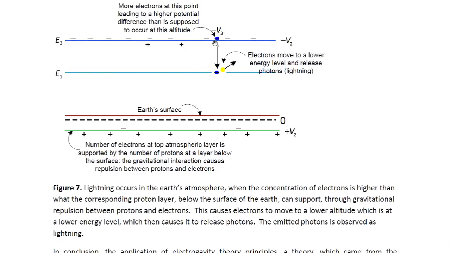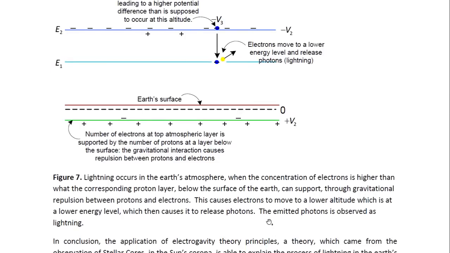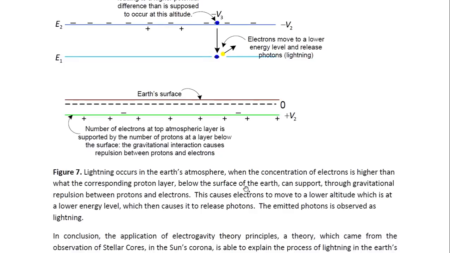So the concentration, say here, is too high, too many electrons there, so that causes electrons to move down to a lower energy level, which then causes these electrons to release photon energy or photons, and thus emit light. The emitted photons are observed as lightning. So this is why we then see lightning being emitted from perhaps most of this region. As the electrons move downwards, they emit photons, and we see this as lightning.